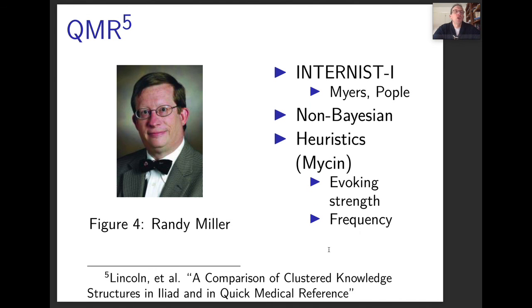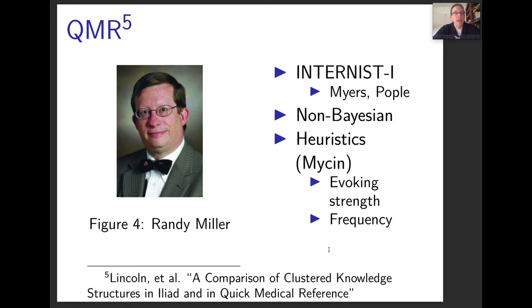Okay, the fourth one is QMR, which stands for Quick Medical Reference, and its primary developer was Randy Miller. And it's an outgrowth of an earlier diagnostic decision support system known as Internist-1, which was created by Randy Miller and Myers and Pople at the University of Pittsburgh, which is where Randy Miller was at the time.